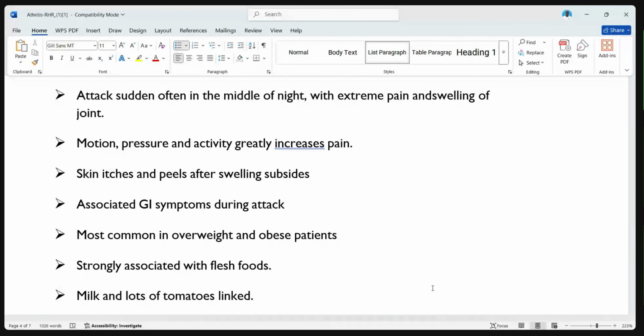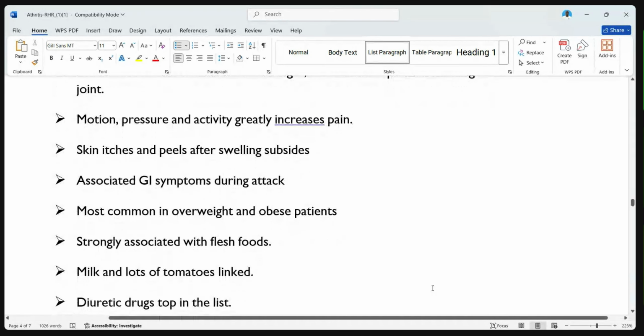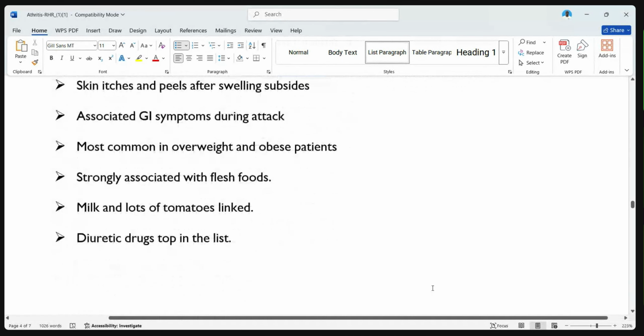And sometimes it brings about the GIT problems, the gastrointestinal problems and attack. Most commonly there is a general pain in the gut. So milk and lots of tomatoes are linked with this disease.